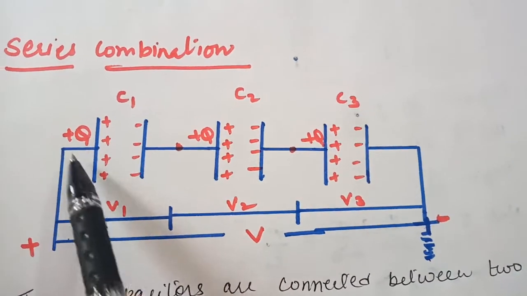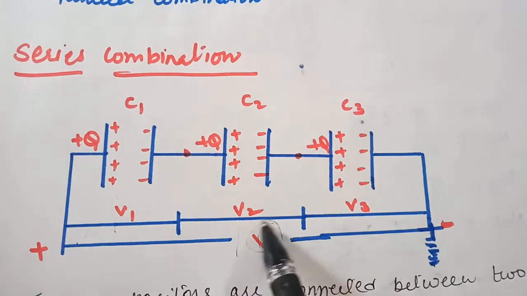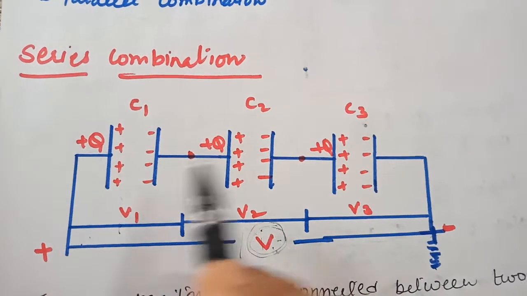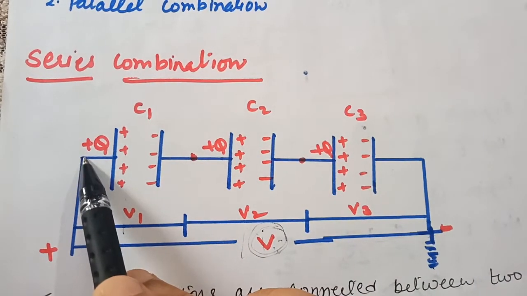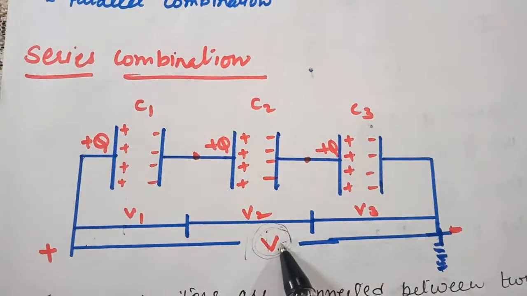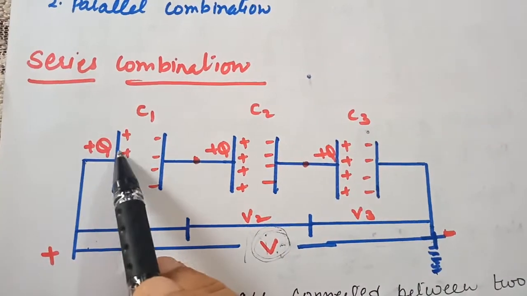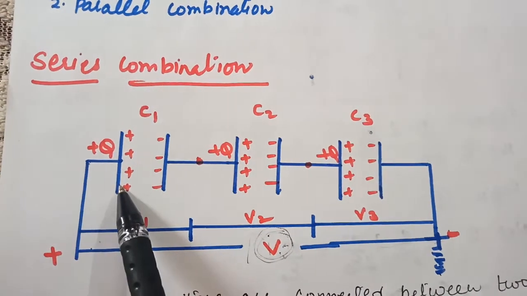Now in this condition, when the cell or battery having the potential difference V is connected over here, the total potential difference of the combination between this and this point is equal to what? V, that is the potential difference of the battery. Charge flows from the battery to charge the first plate of the capacitor.